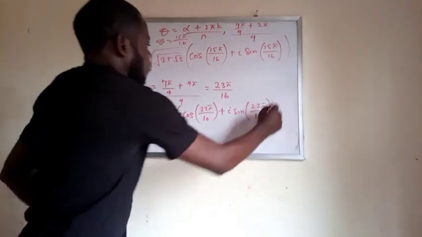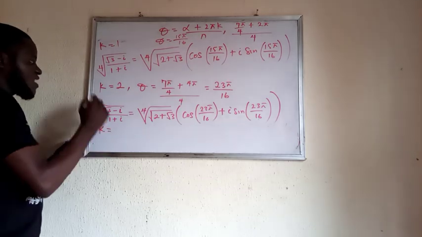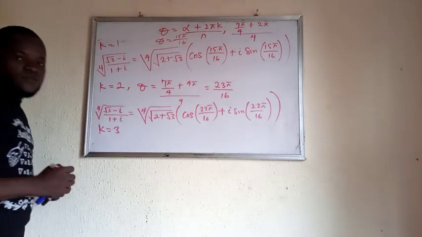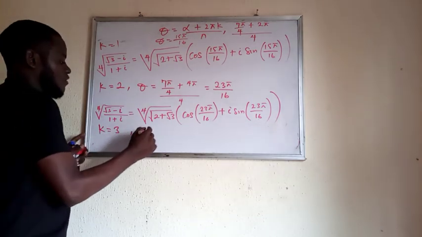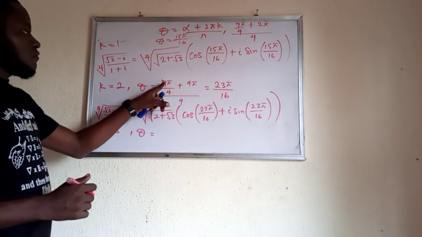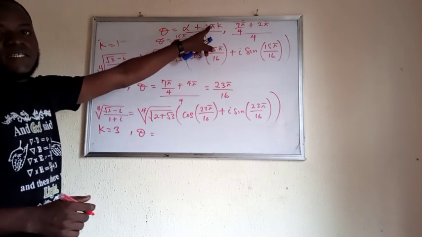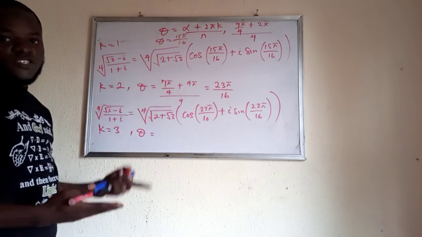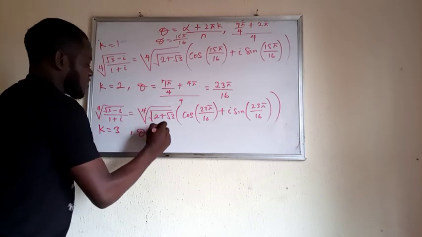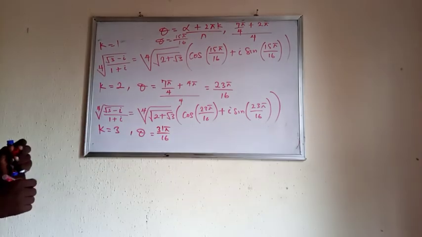So we should now look for the fourth one, that is when k is equal to 3. So when k is equal to 3, the value of theta will become, by the time you have 3 times 2, that will become 6. 6 times 4, that's 24. 24 plus 7, that should give us 31. So theta will be 31 pi over 16.